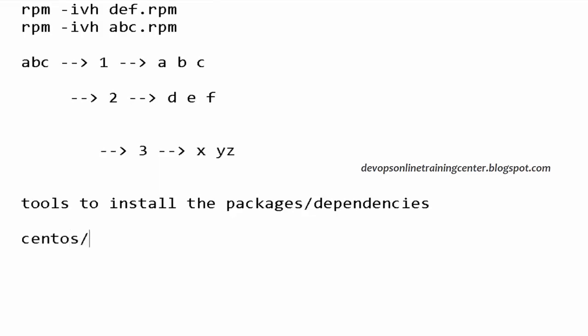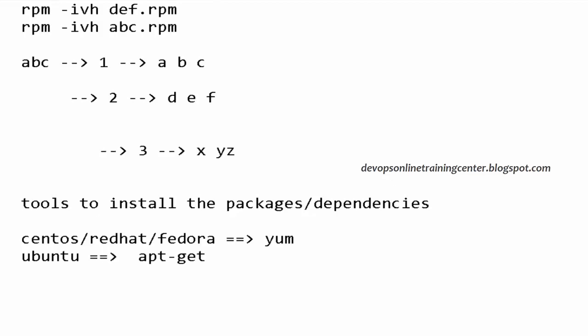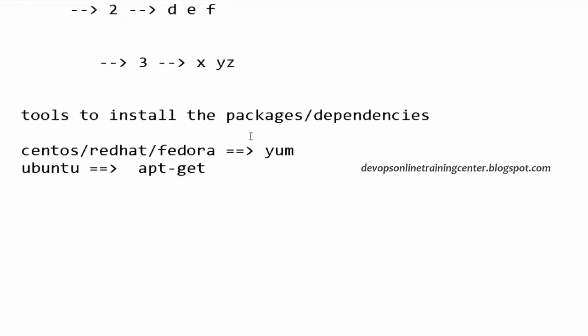For CentOS, Red Hat, Fedora, we have a utility called yum, and for Ubuntu we have a utility called apt-get, right? This comes by default with the system, so we just need to configure the repository. So these are the repository tools to install the packages and their dependencies.